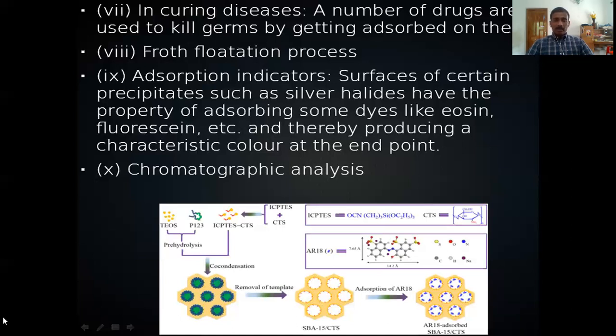Last year we have studied chromatographic analysis. In column chromatography, there is an adsorption column in order to adsorb the components of a mixture. So these are the important applications of adsorption.